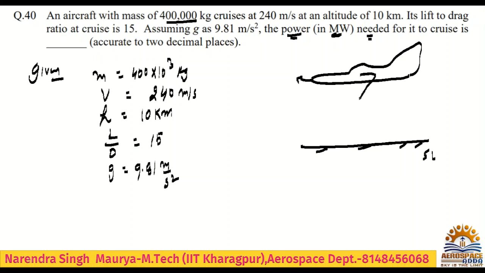For this aircraft you need to calculate the power required. Whatever the power required, it totally depends on the drag. Yes or no? And it is at 10 kilometer altitude.